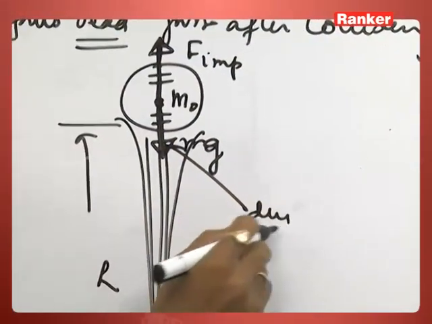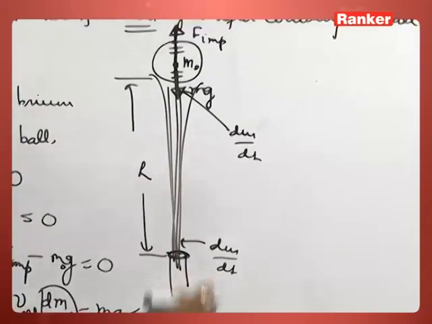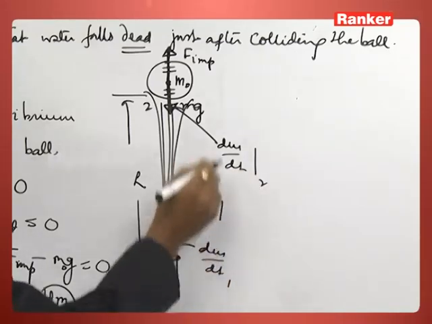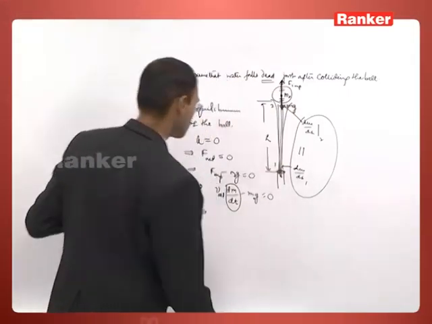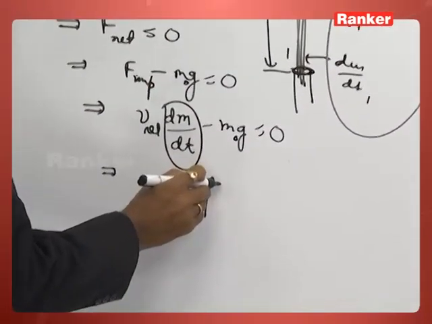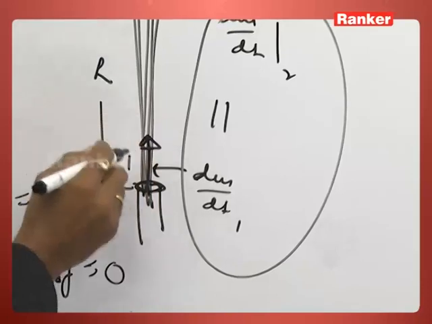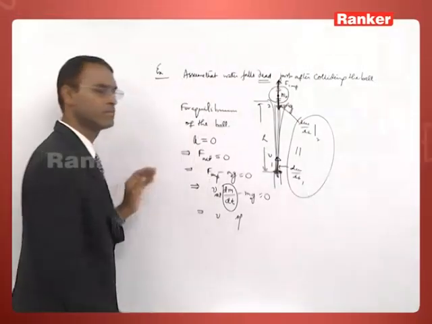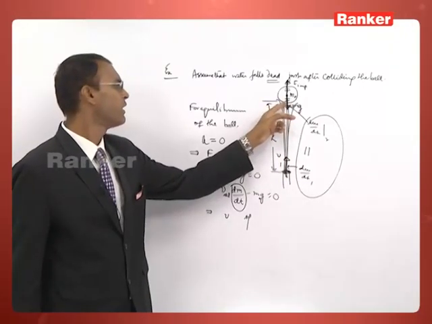Here dm by dt are equal because we have to apply the concept of the equation of continuity for this streamline, and that is equal to A rho into v, area into velocity.